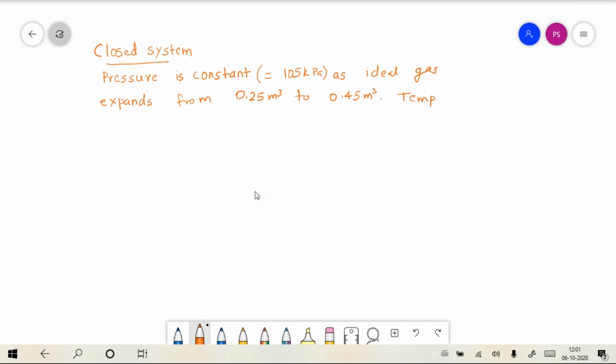Some of the answers are in the questions column. Because it is a constant pressure process, I can put this process on a pressure volume diagram.